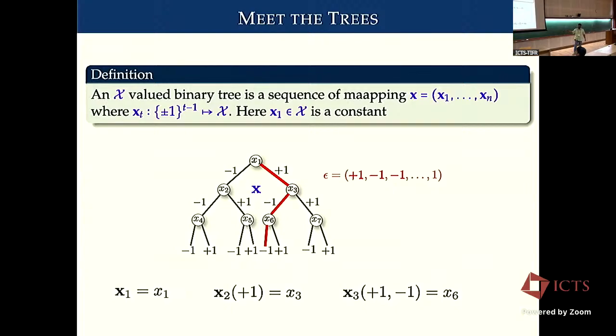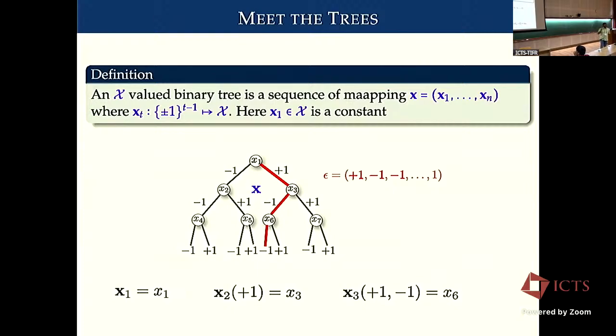In this case, x1 doesn't take in any input, because t minus 1 is 0, and that's just a constant mapping to x1 here. x2 of plus 1 is going to be x3, x2 of minus 1 is going to be the small x2. Similarly, x3 takes in 2 bits, plus 1, minus 1. If it is plus 1, first go right, minus 1, then go left. So it's going to be x6 here. That's the way to parse the tree, or read how the tree looks.